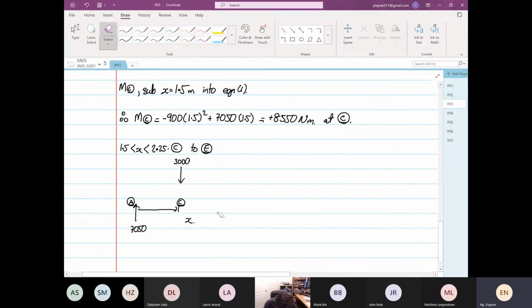Let me make sure this does not look like halfway, or you will be confused. So we know the distance from here to here is x, and this is 1.5. So the distance from here to here is x minus 1.5.